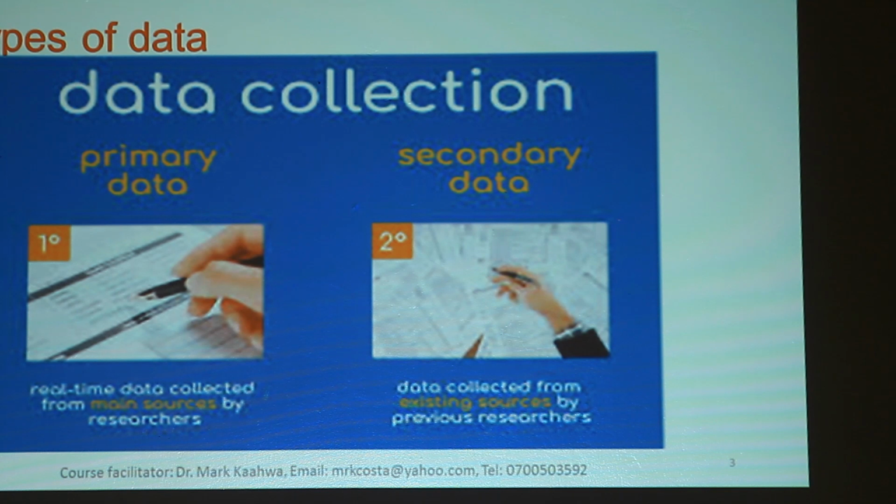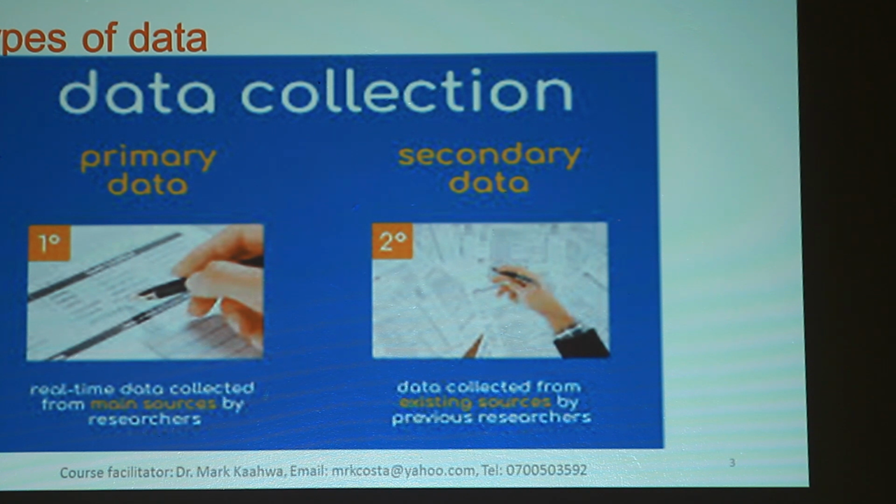And when we talk of secondary data, we are talking of data that you get from already published works. You can get it, for example, from magazines, government reports, published research articles, conference proceedings, book chapters, and books.